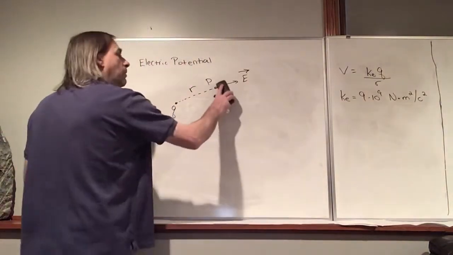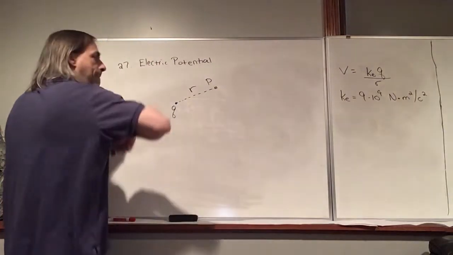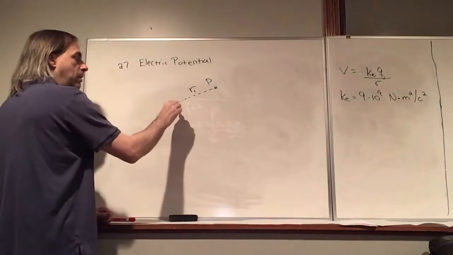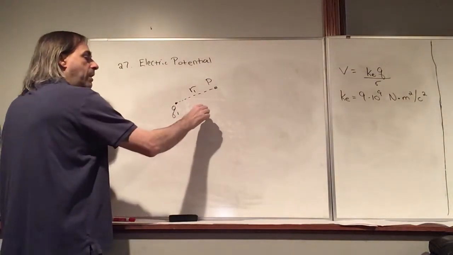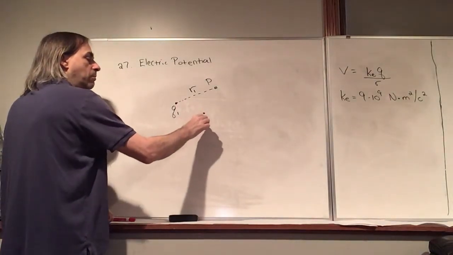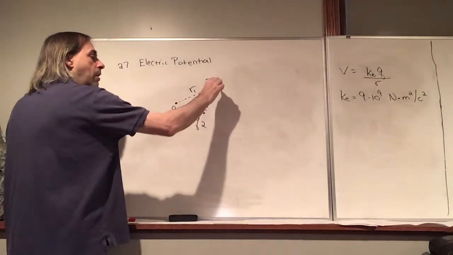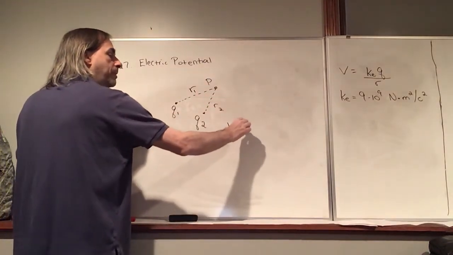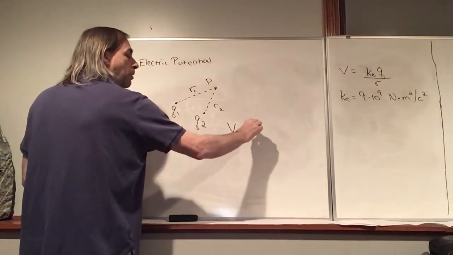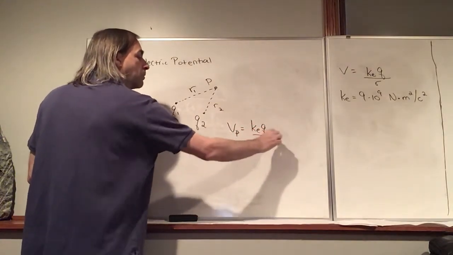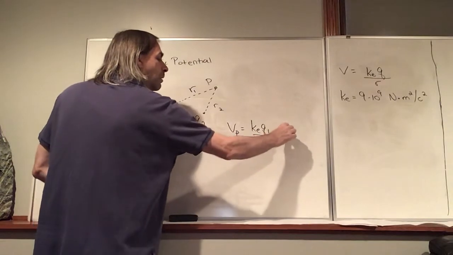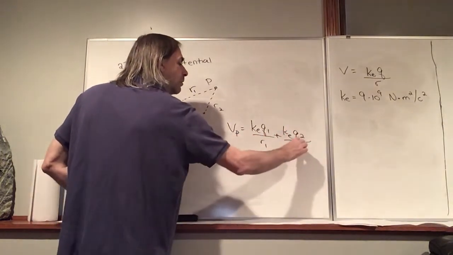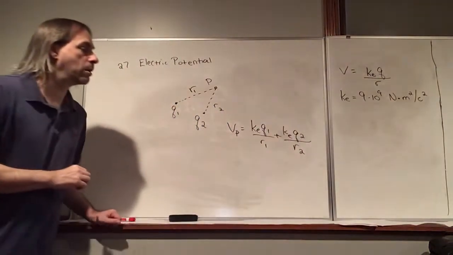Now this is just one charge. Let's call it Q1. And let's say this point is at a distance R1 from charge Q1. What if we have charge 2 at a distance R2? Then what's the electric potential at this point, P? Well, it's very simple. It's kQ1 over R1 plus kQ2 over R2.